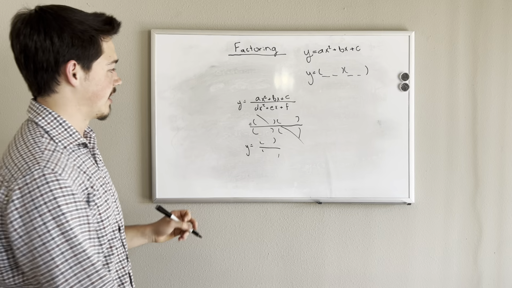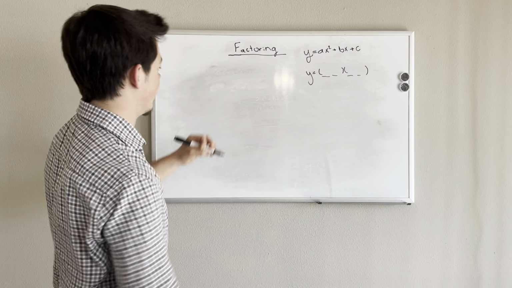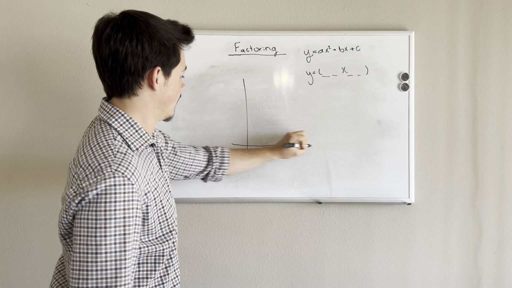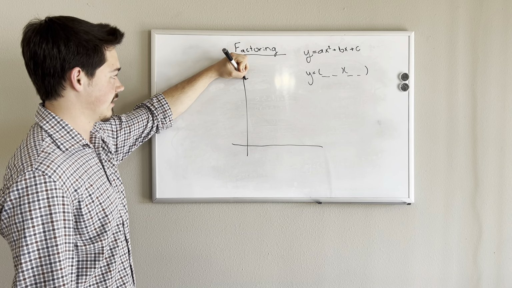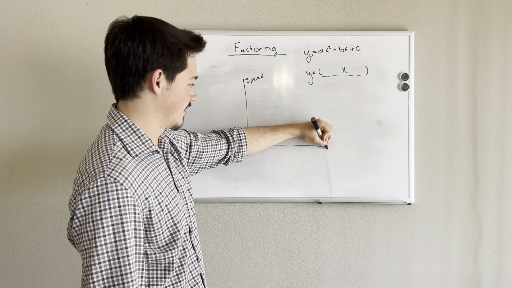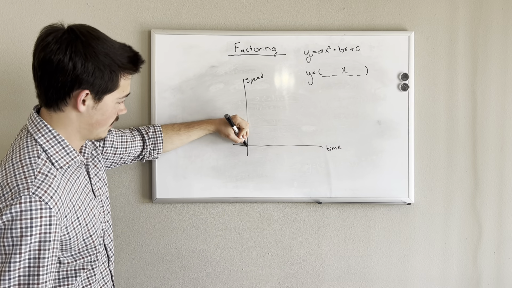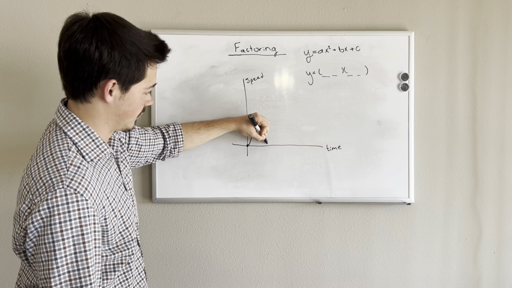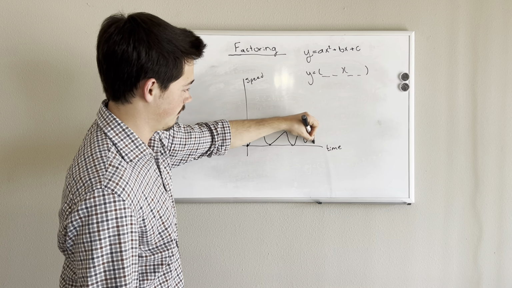Now, another case might be that we want to find the roots of our equation. What this would mean in a realistic example would be if we had a graph where the y-axis is the speed of our vehicle and the x-axis is our time. And we measure out how fast this vehicle is traveling over whatever period of time.